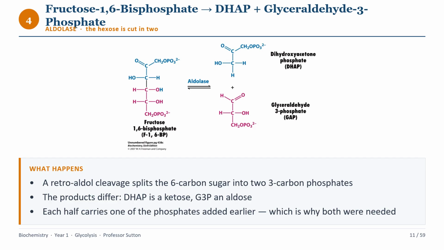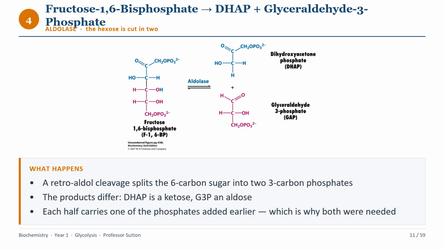So, why 2 ATPs? Keep that in mind. Aldolase cleaves the 6-carbon fructose 1,6-bisphosphate into 2 3-carbon phosphates: dihydroxyacetone phosphate, which is a ketose, and glyceraldehyde 3-phosphate, which is an aldose.